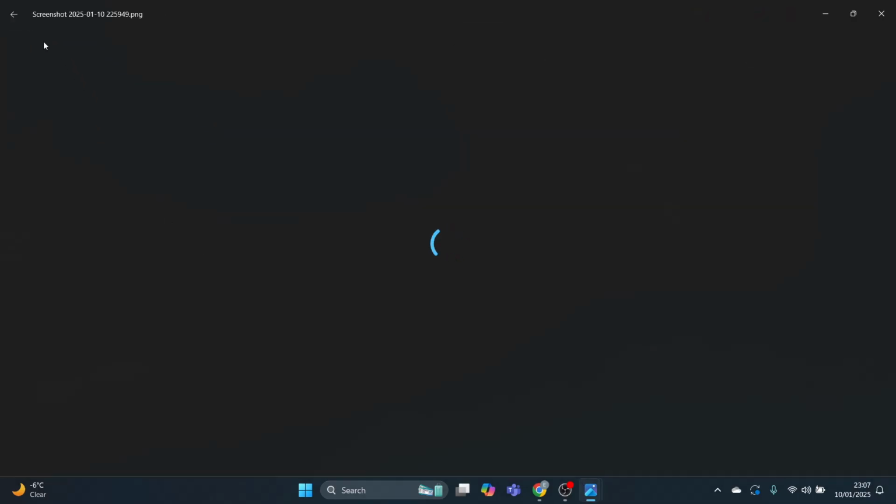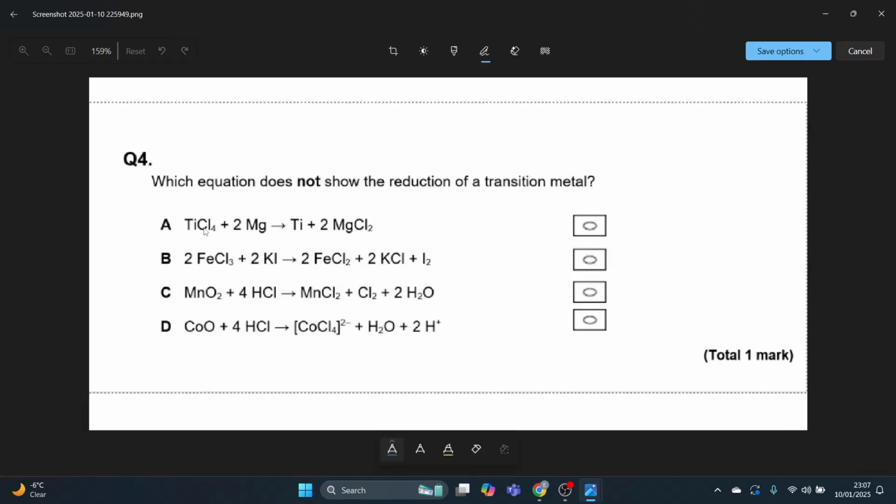Question 4. Which equation does not show the reduction of a transition metal? Reduction means the oxidation state decreases. In this case, we go from +4 to 0. Here I don't care about the moles.